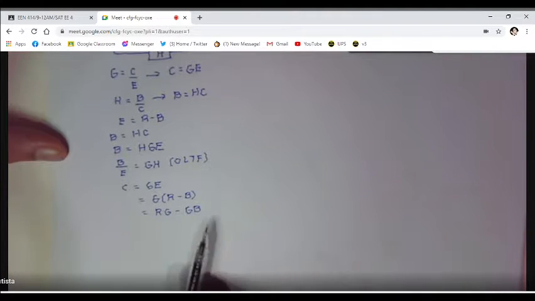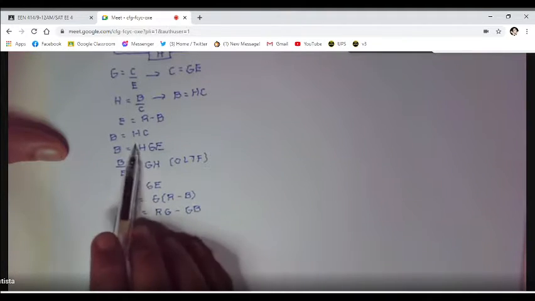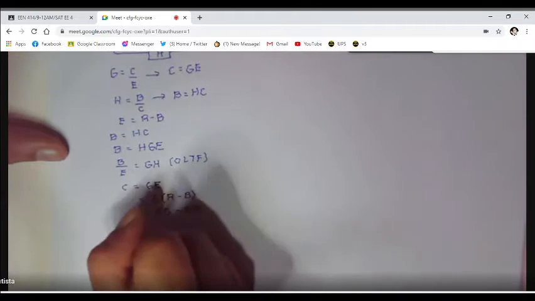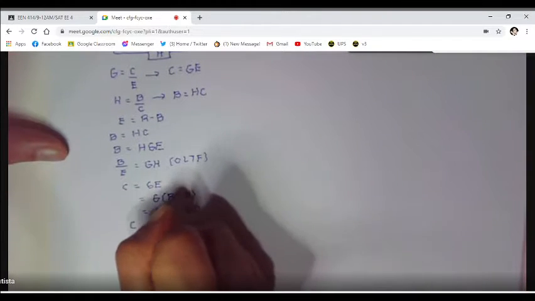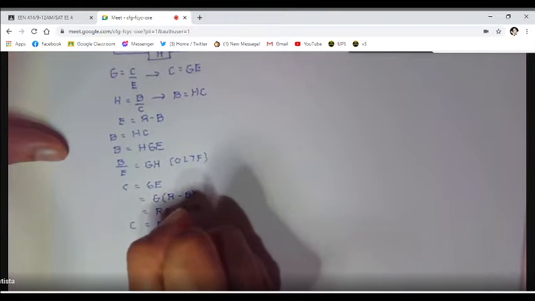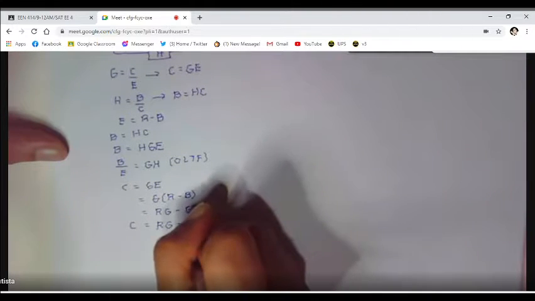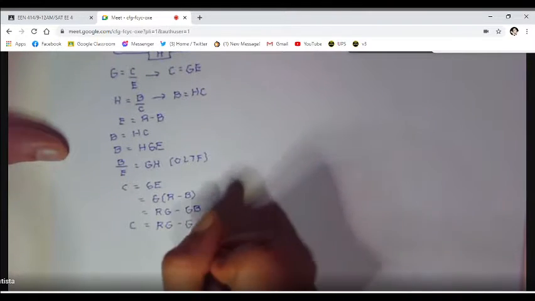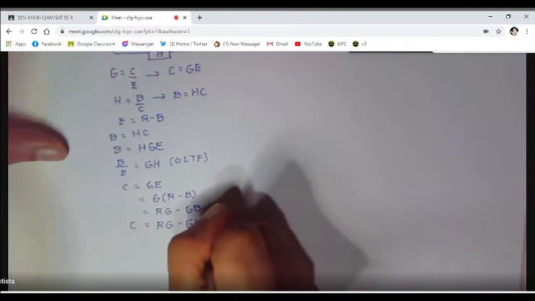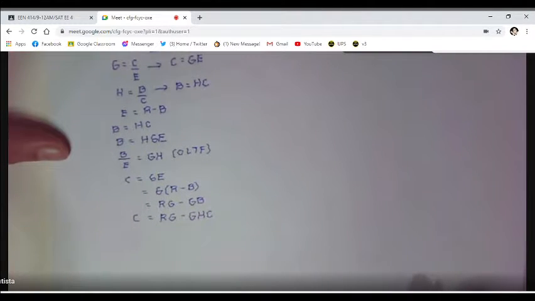But what is B? B is HC. So you have C equal to RG minus G multiplied by HC. Okay? So the C, let's move to the other side.